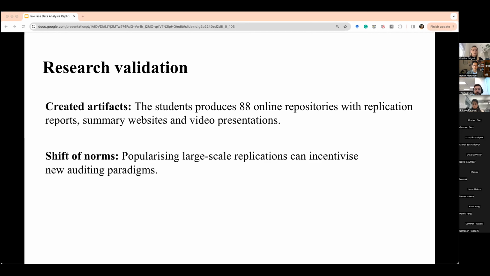But beyond these direct benefits of the artifacts, there are also indirect ones. I think that if this is done frequently at large scale, there could be a shift of norms, such that popularizing large-scale replications can incentivize new auditing paradigms and incentivize good research practices in general.